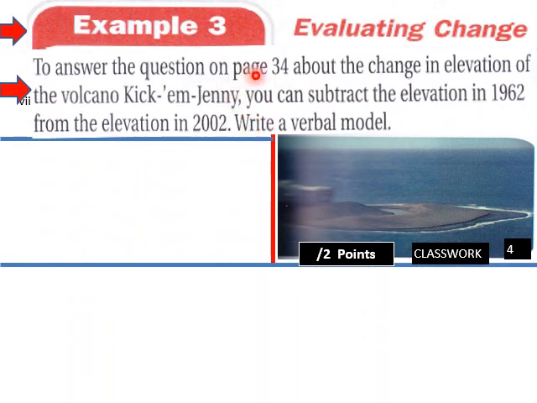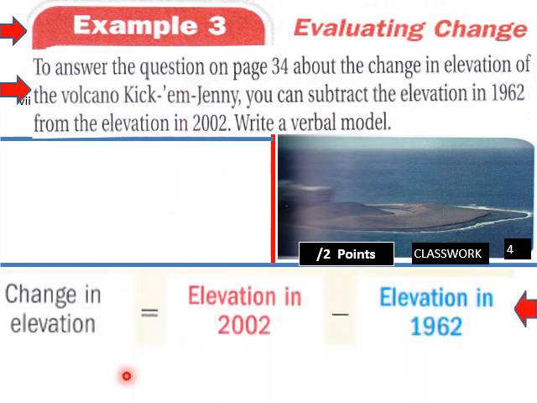Let's try another one here. Let's evaluate the change. We had a previous question within lesson 1.6 about the change in elevation of a volcano called Kikimjeni. You can subtract the elevation in 1962 from the elevation in 2002 and then write a verbal model. So we had a change in elevation, which was the elevation in 2002 minus the elevation of 1962.